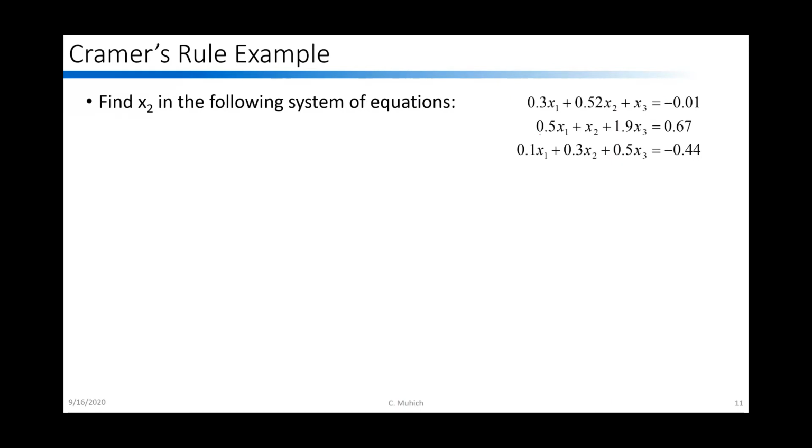Then we have 0.5x1 plus x2 plus 1.9x3 equals 0.67. And then finally 0.1x1 plus 0.3x2 plus 0.5x3 equals negative 0.44.